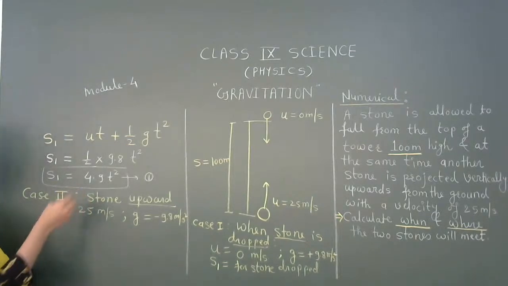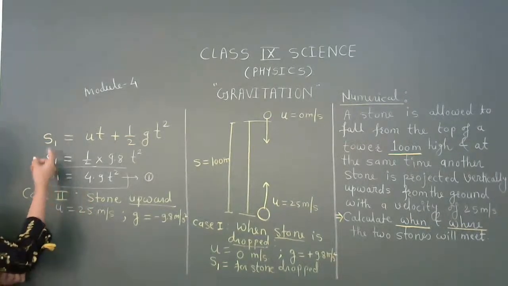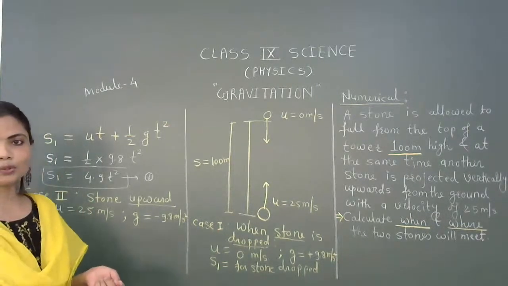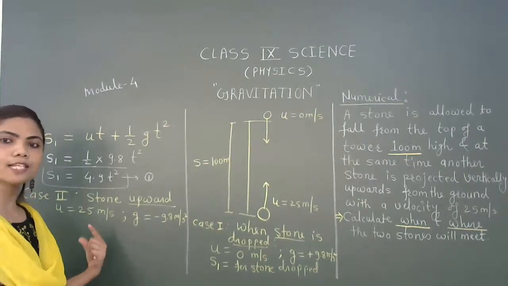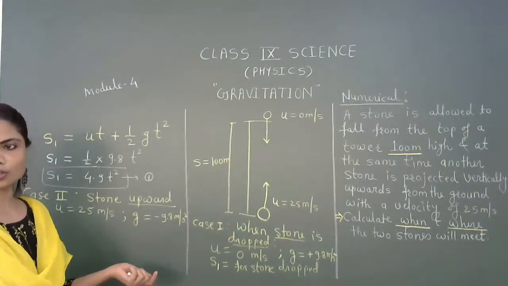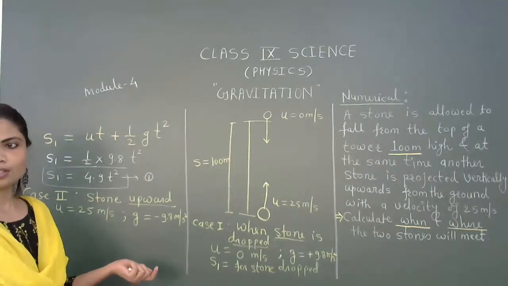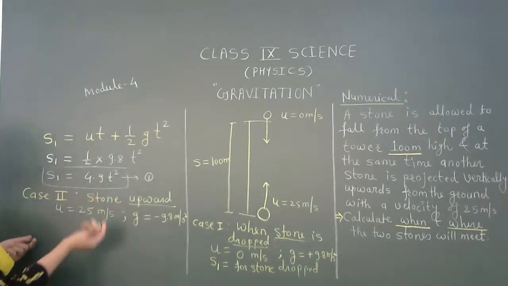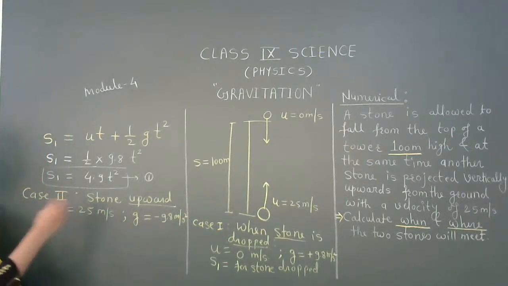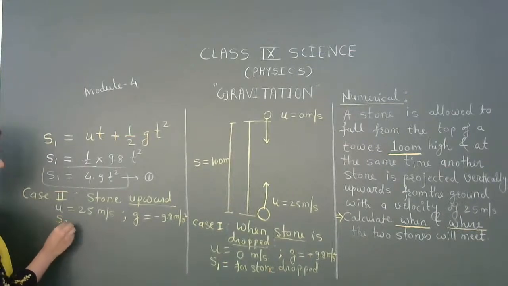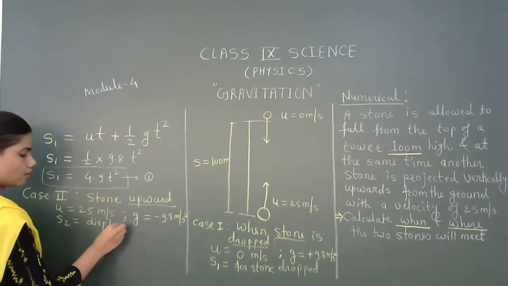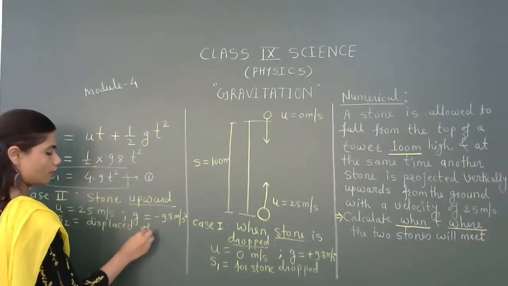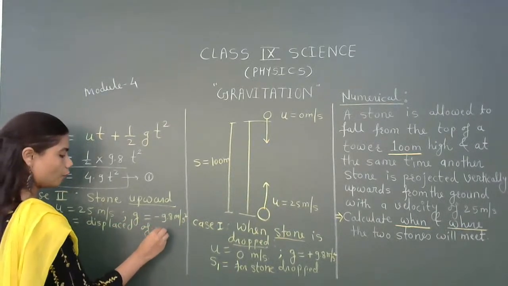Now, by using the same formula, S equal to ut plus half gt square, we can calculate the displacement for the other stone. So for the other stone, we consider that the displacement will be S2, the displacement of the upward stone.